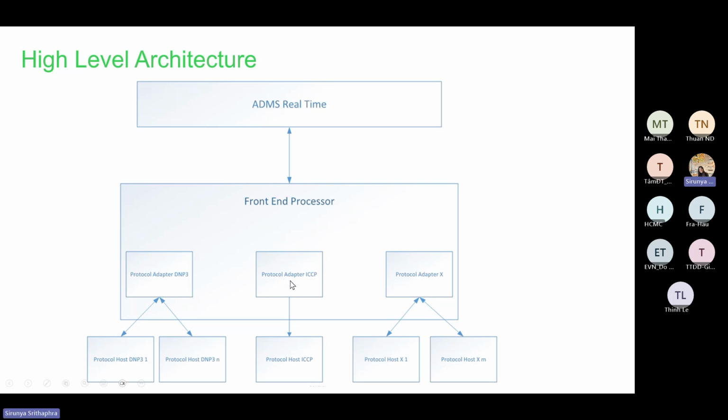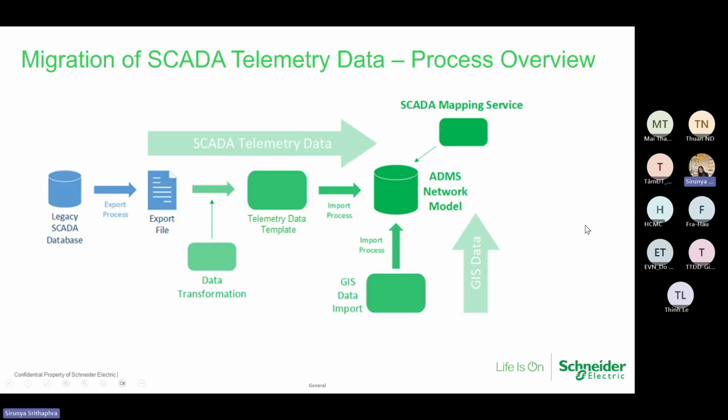In the protocol adapter, we also have the protocol mode for each. To migrate the SCADA, this is the overview. If you have it already, you can export the existing SCADA configuration from your legacy SCADA.